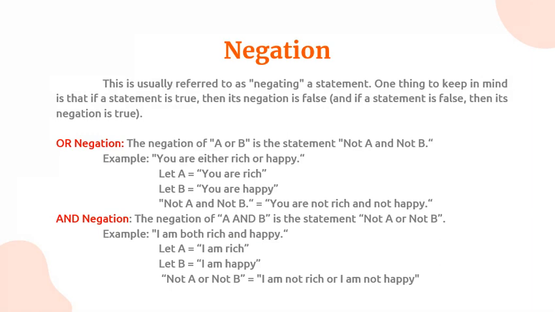For the negation, one thing to keep in mind is that if a statement is true and we negate it, then the statement will become false. And if a statement is false, then its negation is true, and vice versa.